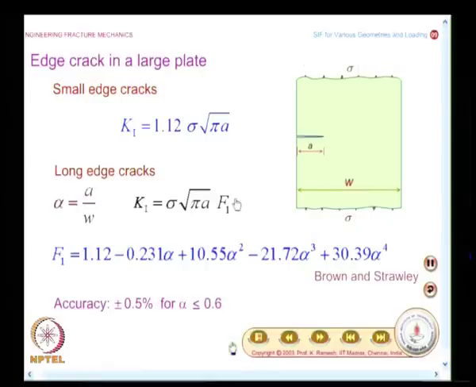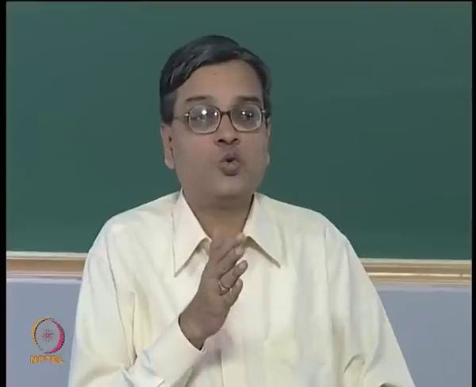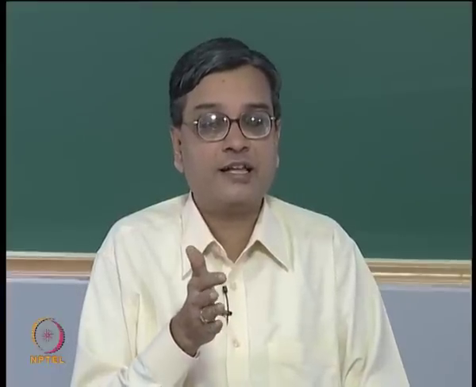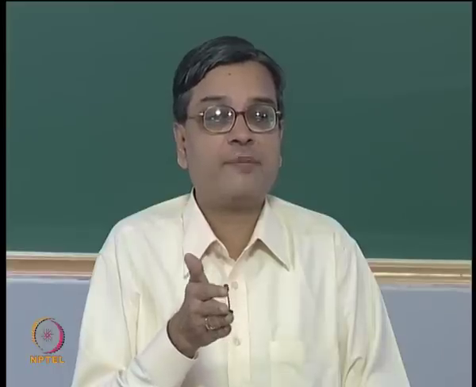And you will have to be careful how the function f1 is defined, and you will also have to look at how alpha is defined. See, we have seen alpha as 2a by w in the case of a center crack. In the case of a single edge notched crack, you have seen that as a by w.